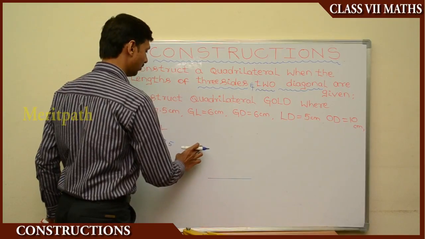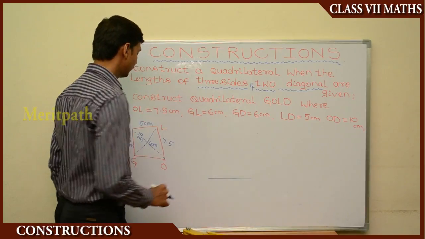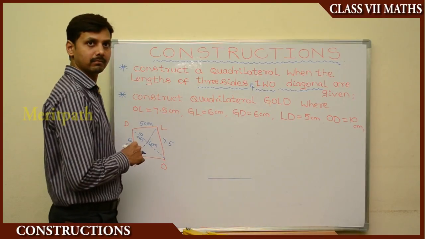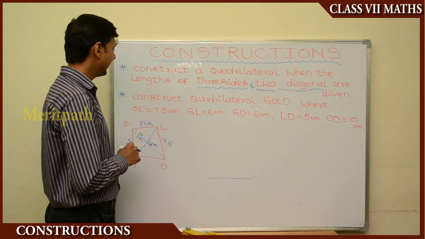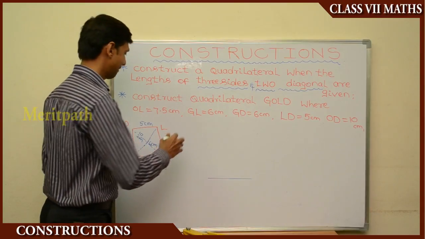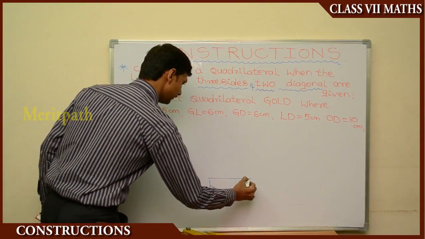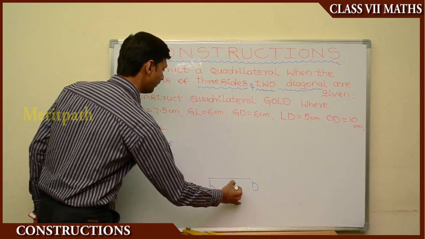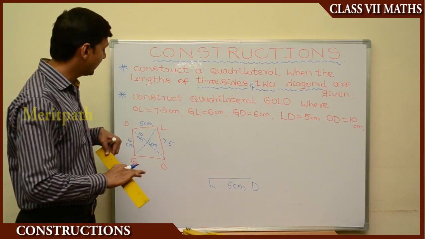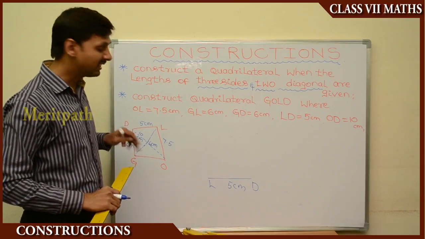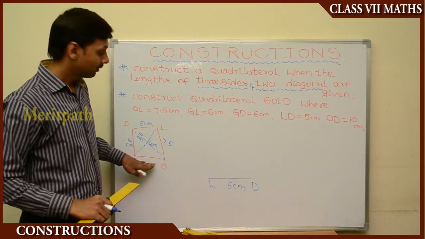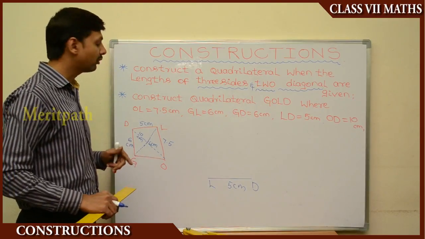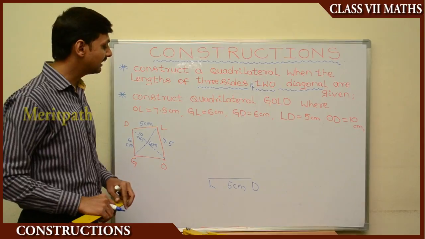So we get LD, or DL. LD is 5 centimeters. The reason for taking LD here as the base is that we don't have GO as the base. That's the reason we have taken LD as the base. So LD is 5 centimeters.